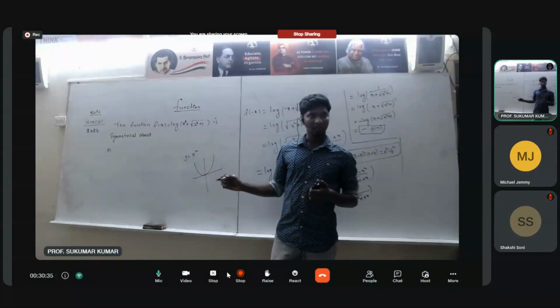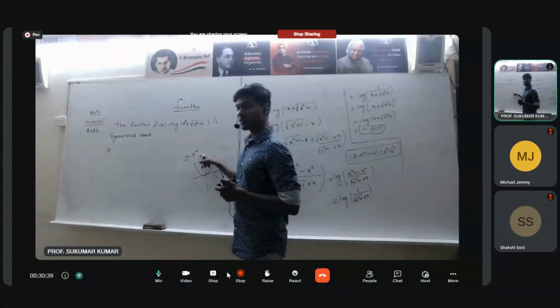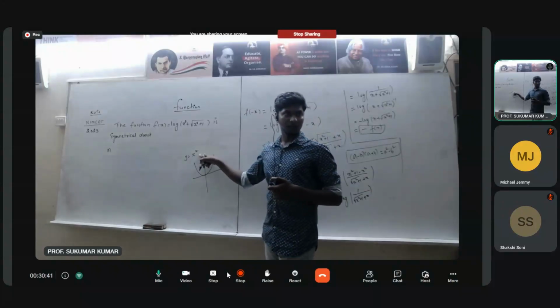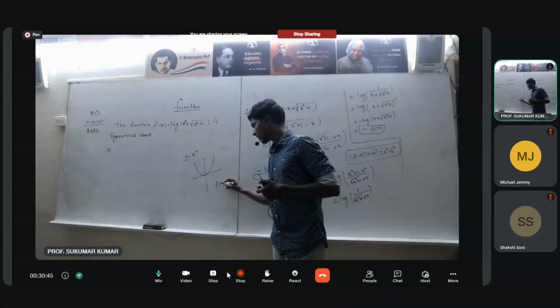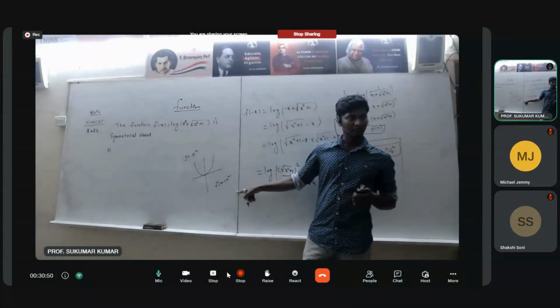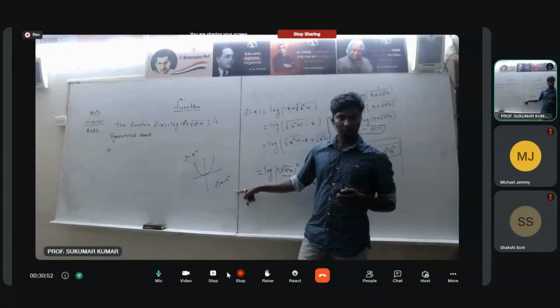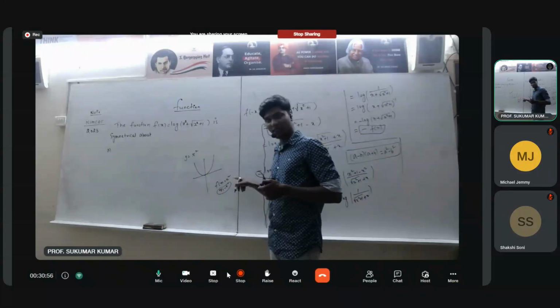Symmetric in the sense, I've told you, if you apply minus x and plus x here in your function, your f of x, nothing but x square, plus x, minus x applying, it never changes. It's an even function, I told.